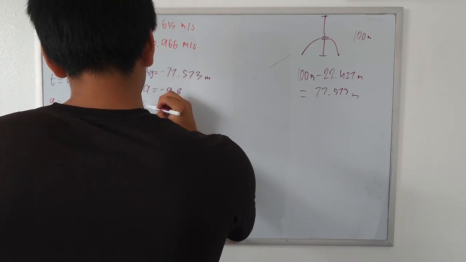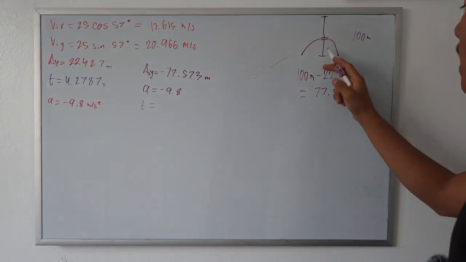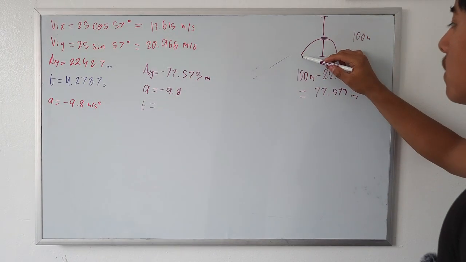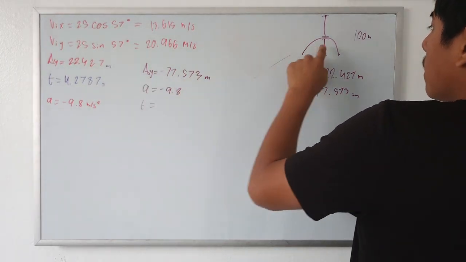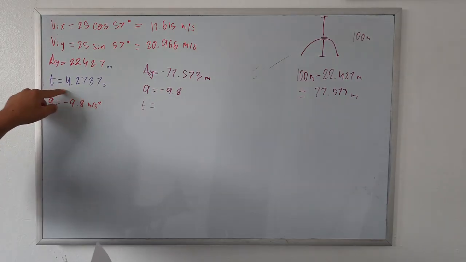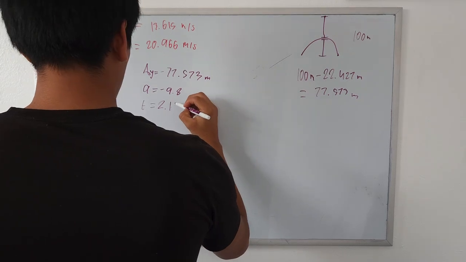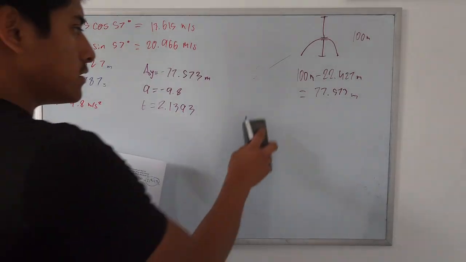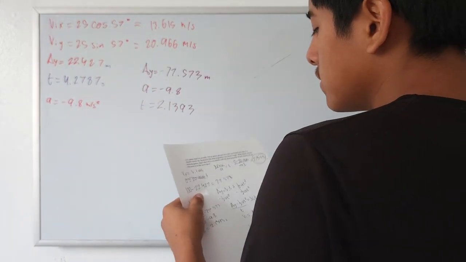And then we know the time is going to be half of this total time because we want them to collide at the middle. So the time that we're going to use is just going to be half of the total time. So that's going to be 2.1393.